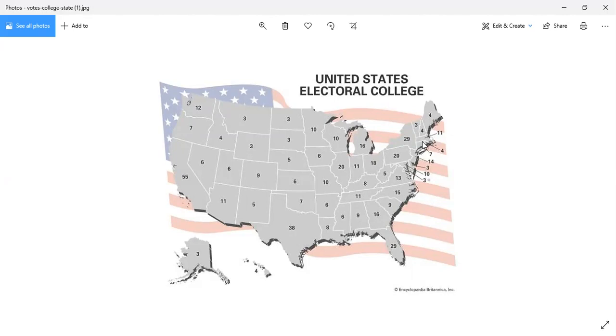And when the Constitution was written, people really felt more loyalty to their state, their former British colony, than they did to the United States, which didn't even exist yet. And so states being treated as units, that means each state gets to decide how they choose electors to go to the Electoral College, and almost all of them, as I said, go on the winner-take-all basis.